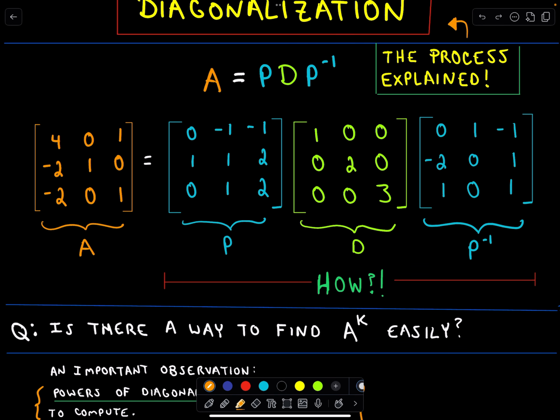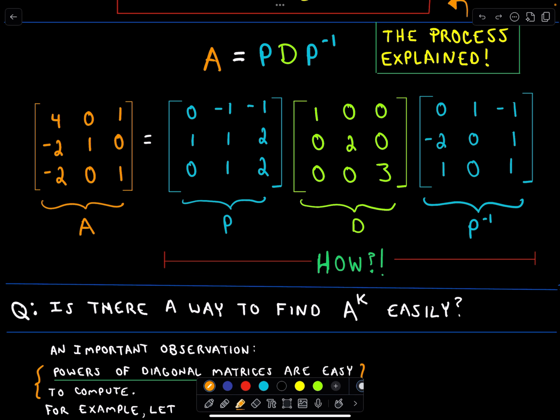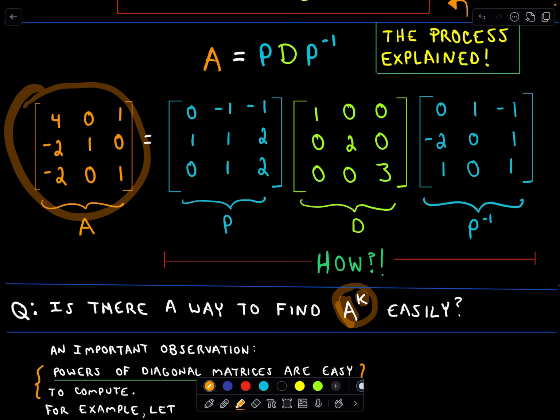Well, just like we take numbers to powers, it's very common to take a number and raise it to a power. It's going to be very common to take a matrix A and also raise it to a power. So we want a way to compute A to the power of K easily and quickly. Now, you could just start taking A and multiplying it by itself repeatedly, but it turns out that's computationally expensive.